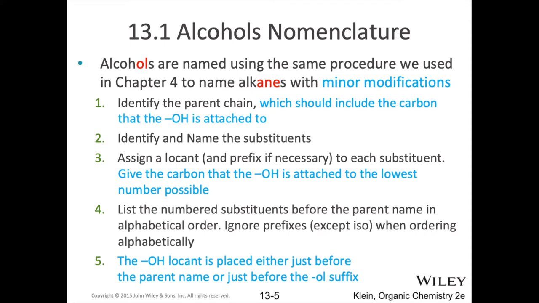Just as a refresher, remember you want to identify your longest parent chain that includes the alcohol, and start numbering from the side closer to the alcohol group. It's a similar process as we saw earlier for alkenes and alkynes, except here with alcohols.